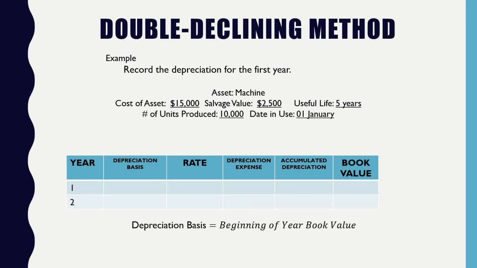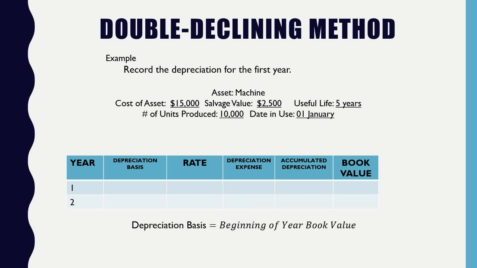So in this case, we have a few pieces of information that are pertinent to us, but some are not really relevant. First off, we have a machine, and it cost me $15,000 and the salvage value is $2,500. Now the first thing we're going to do is solve for the depreciation basis.